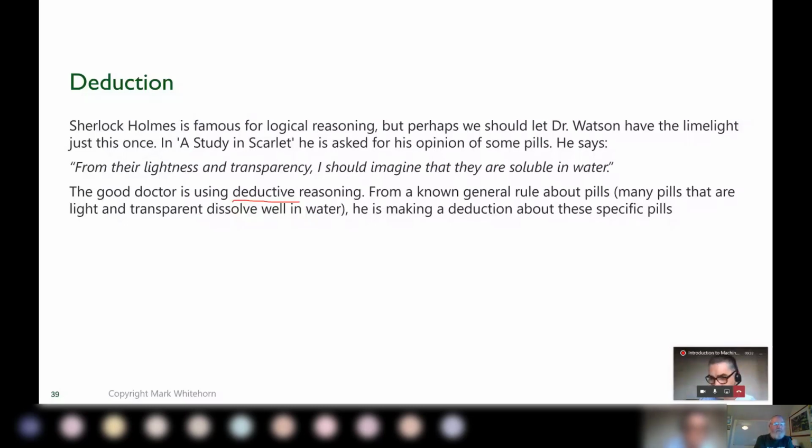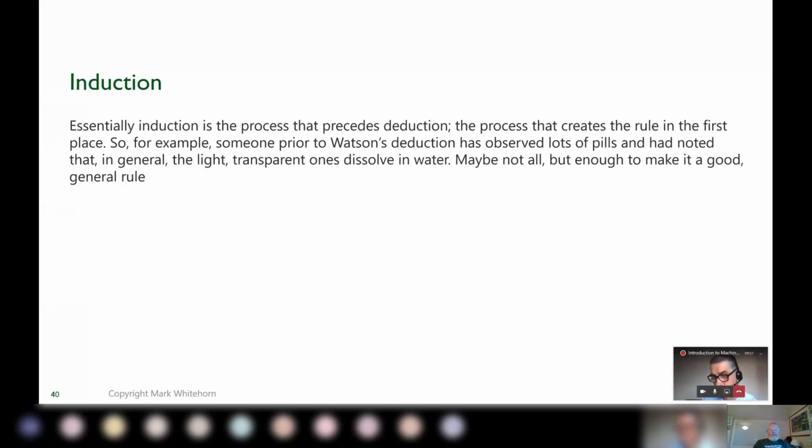So if I tell you that all biplanes, or almost all biplanes, are very slow, and you see a biplane and somebody says to you, is that fast or slow? You'll think of the general rule and you say that's going to be slow. Now, deduction is taking a pre-built rule in your head and applying it to a specific case. Well, induction is the process of generating that rule.